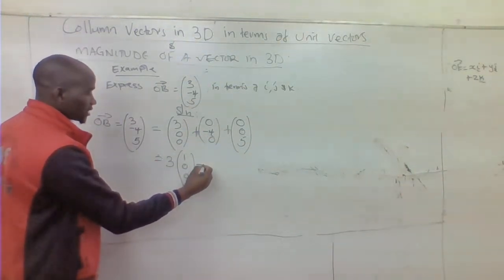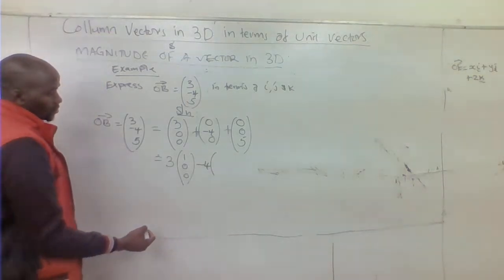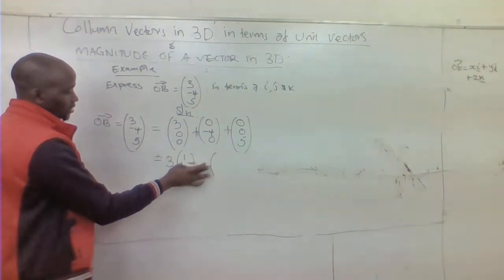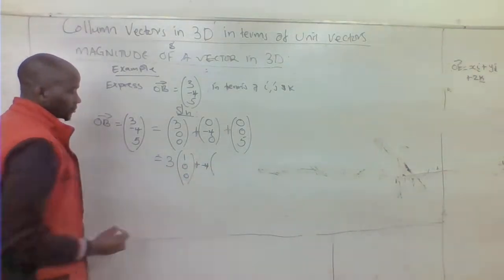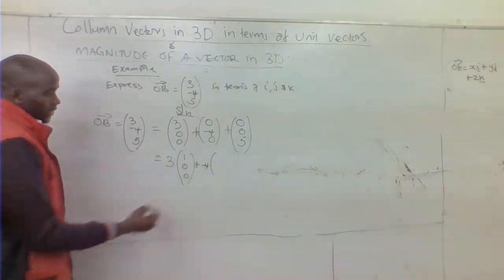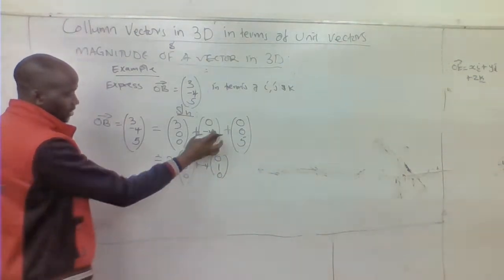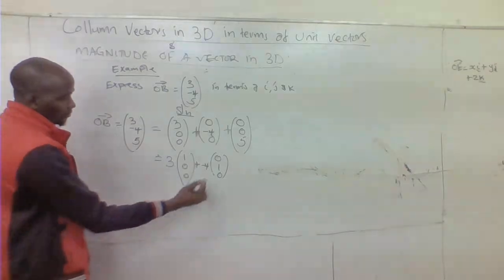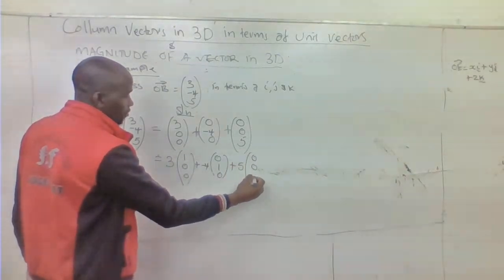So we have plus negative 4 into bracket, or we can write it this way to avoid confusion, plus negative 4, like that. So we have (0, 1, 0), so that when you remove the bracket we get that, plus 5, now (0, 0, 1).